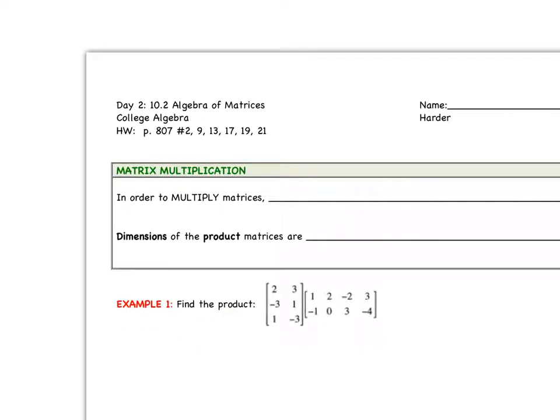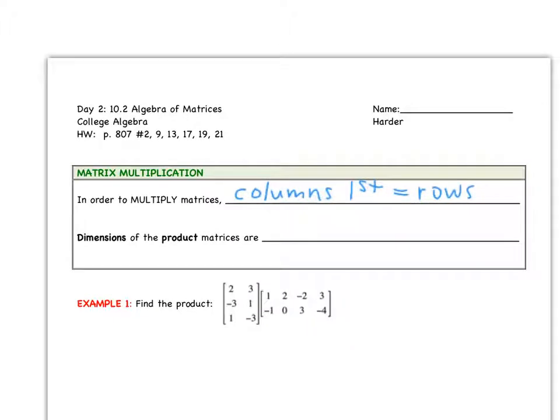Okay, so columns of the first have to equal the rows of the second. And the dimensions of that product matrix are going to be rows of the first by columns of the second.